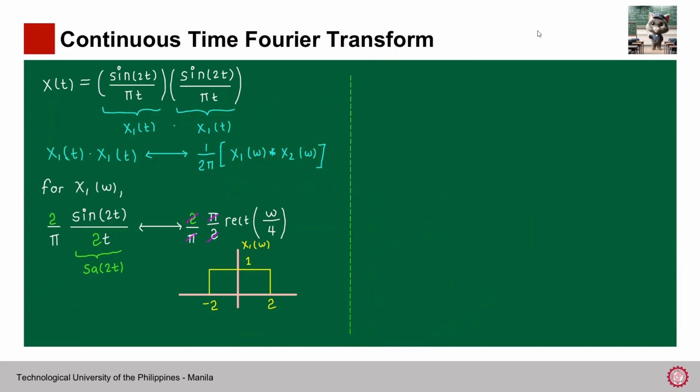Okay? Now, hindi yan yung kailangan natin. Ang kailangan natin is the product ng x1 of t and x1 of t. Yun yung hinahanapan talaga ng Fourier transform.